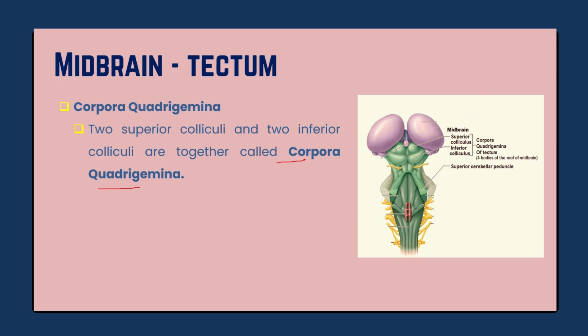That's a bit of extra information, but I thought you will need it if you like this subject. If not, just ignore. So all these four colliculi are called corpora quadrigemina. Quadri means 4, right? So that was all about tectum.